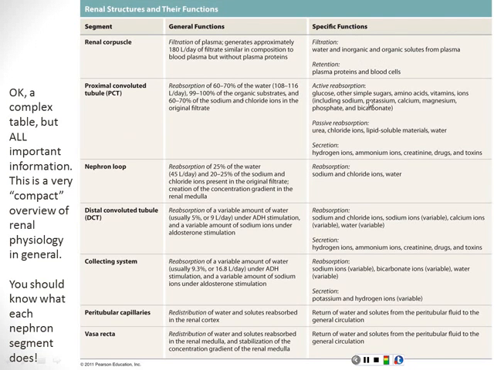Then we get to the PCT, and we have reabsorption, and a long list of reabsorption, right? That makes sense, because most of what is filtered out here at the glomerulus is actually stuff we don't want to get rid of. So it makes sense in the very first part of the nephron to do a bunch of reabsorption.